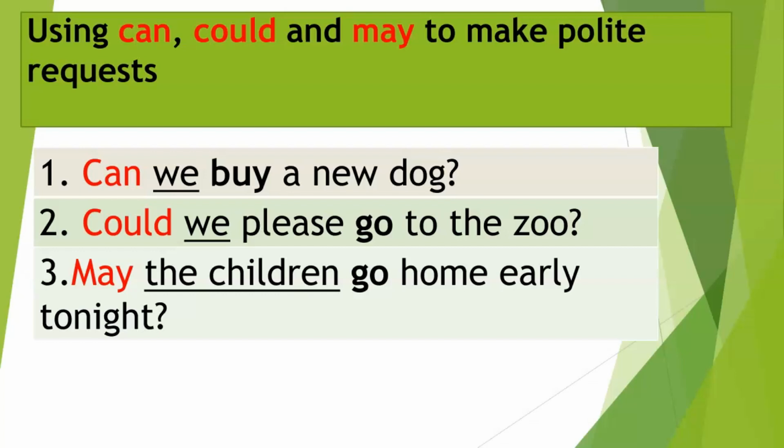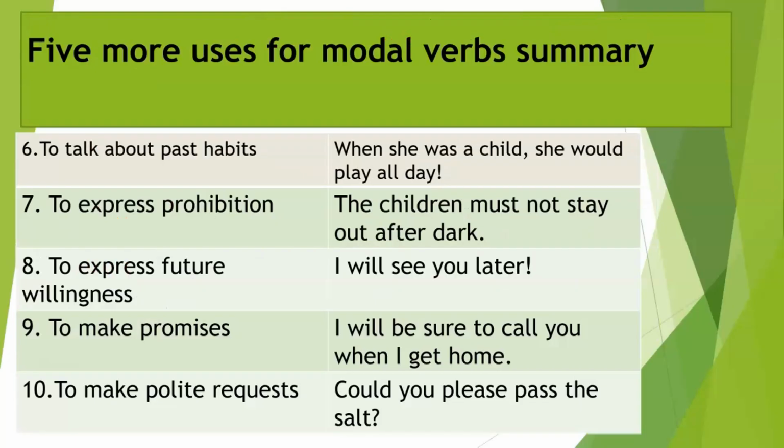But that brings us to the end of numbers 6, 7, 8, 9, and 10 of the modal verb uses, and we have them here. Let's take a look at a little bit of an example for each. This is the summary of 5 more uses for modal verbs. Number 6, to talk about past habits: When she was a child, she would play all day.